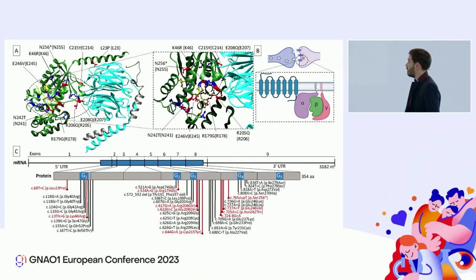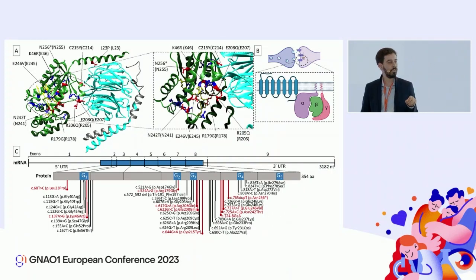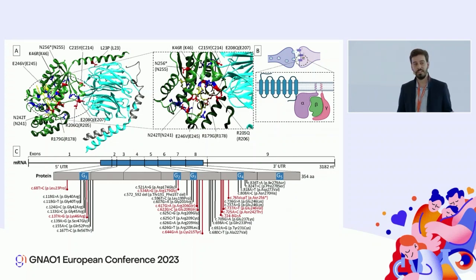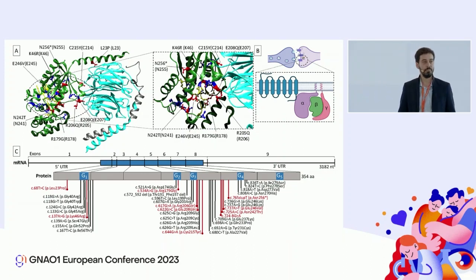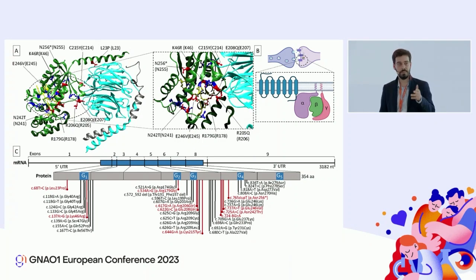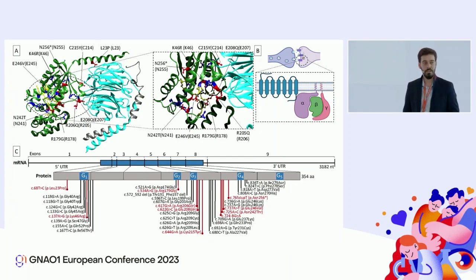Also, they clustered in the same area as the other variants. So it's probably not a matter of functional domains, but rather a direct effect of the variants. We identified as well some loss of function variants that were associated with a pretty mild phenotype, which is in accordance with one of the posters that I've seen earlier.